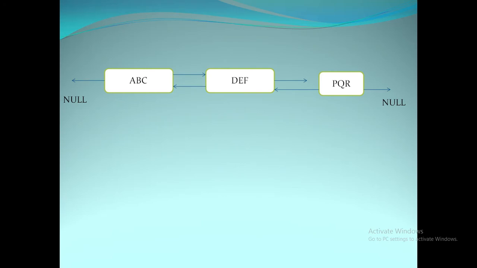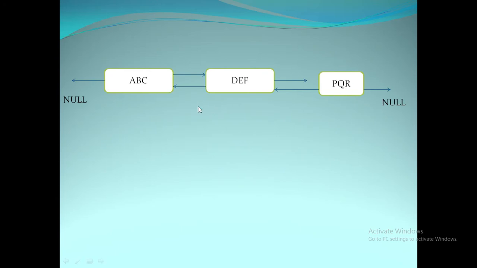Now what if I want to delete a particular node? Let's consider I want to delete the DEF node from this linked list. Then how will it happen? It's very easy. In an ArrayList, if we delete a particular element, suppose I have deleted this DEF, then we have to shift this PQR one position before.